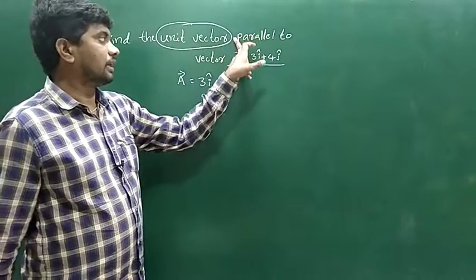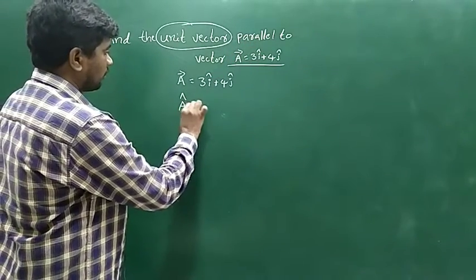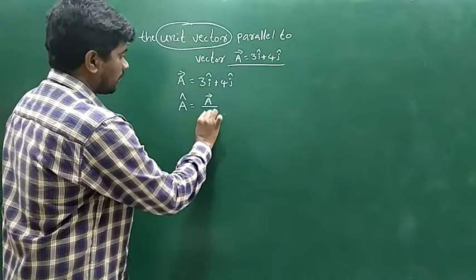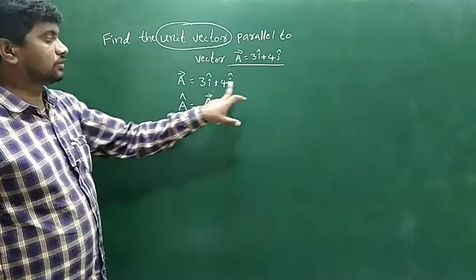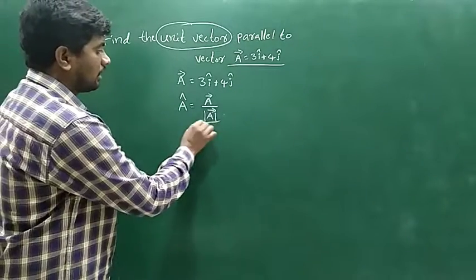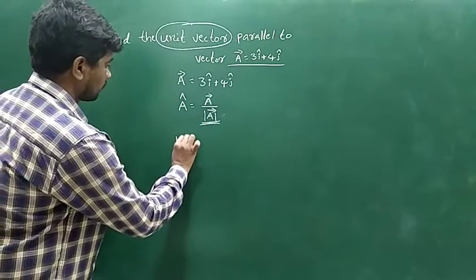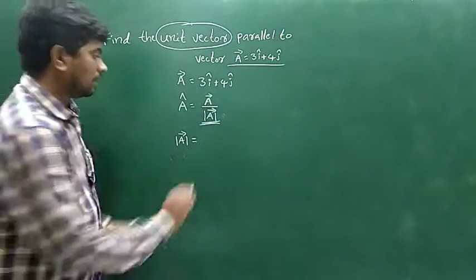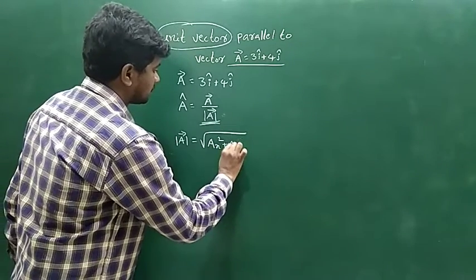To find out the unit vector, the formula of unit vector a cap equals a bar by magnitude of a bar. a bar equal to 3i plus 4j. To find out the magnitude of a bar, the formula of magnitude of a bar is under root of ax square plus ay square.